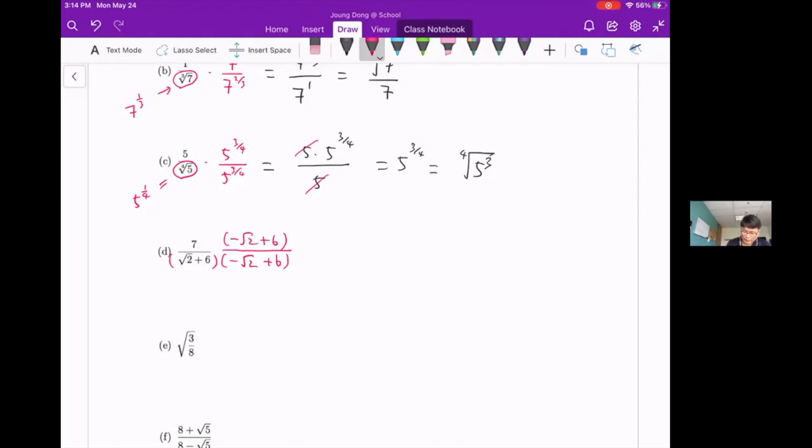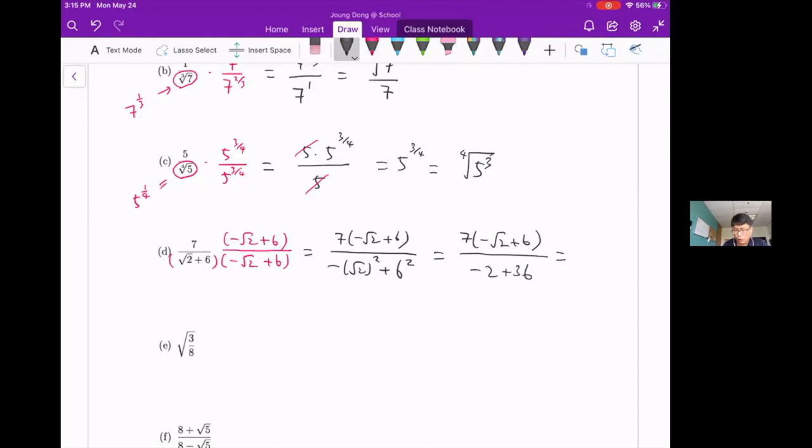For the numerator, I'm not going to do anything, just write it again. I will take care of this later. And the denominator is square root 2. When you do the distribution, it is minus square root of 2 squared plus 6 squared, which is, let me write again, over negative 2 plus 36, which is 34.